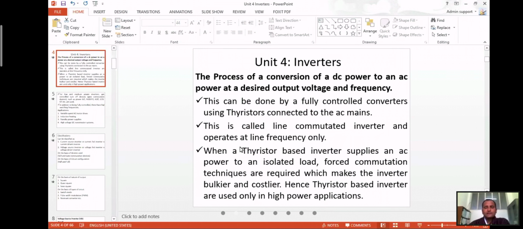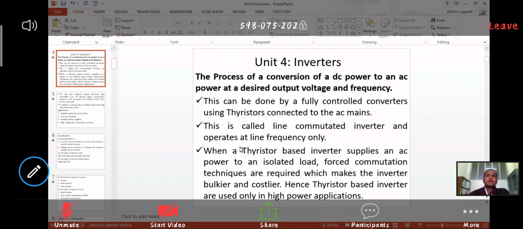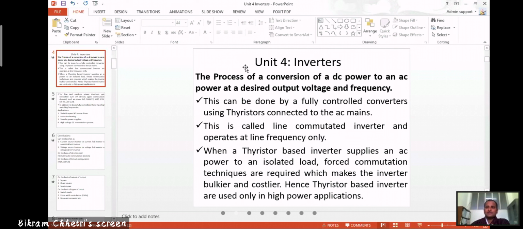And these inverters or rectifiers, if it is a 3-phase inverter or a 3-phase rectifier, are used in an HVDC system, high voltage DC transmission system. When it is a high voltage DC transmission system, the input might be AC, which has to be converted into DC, and you transmit the power in the form of DC.